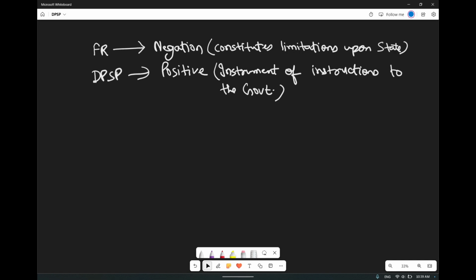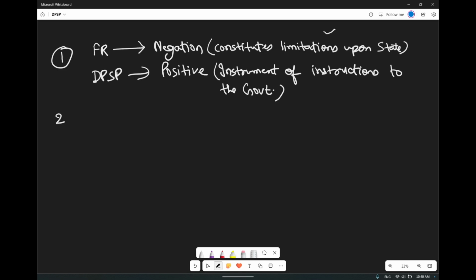It is a kind of instruction. The directives are required to be implemented by legislation, while fundamental rights are already provided in the constitution. So the first difference is that fundamental rights constitute limitations upon the state, while DPSP is an instrument of instruction to the government.